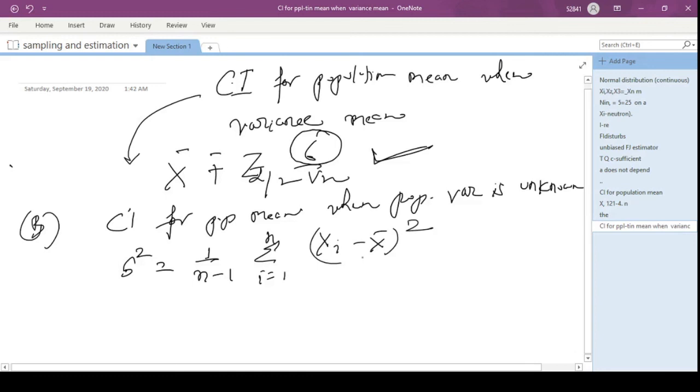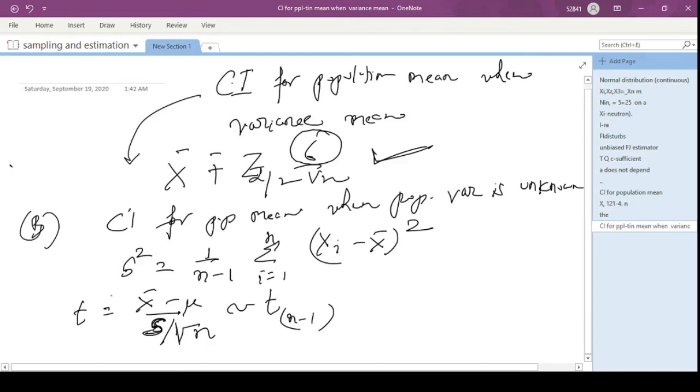And we know that x bar minus mu by s, the standard deviation of the sample, by root n, follows a t distribution with n minus 1 degrees of freedom. If you don't remember, please go to the previous video and see. There are 2 videos where I have discussed this in detail. So the degree of freedom is n minus 1, right?